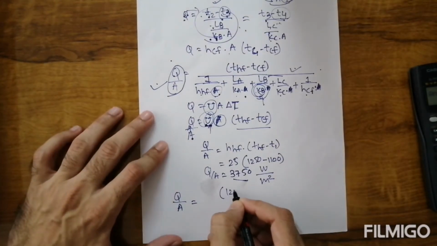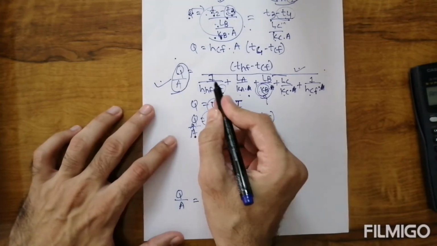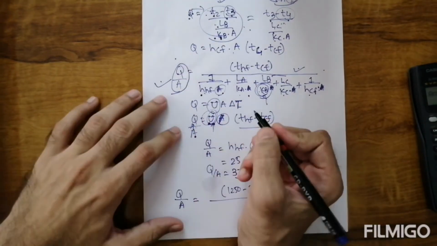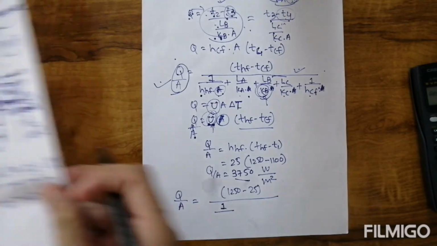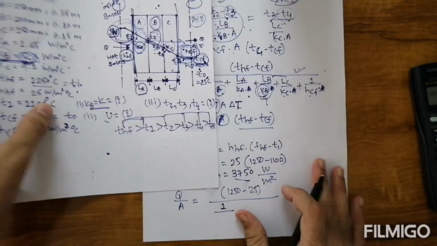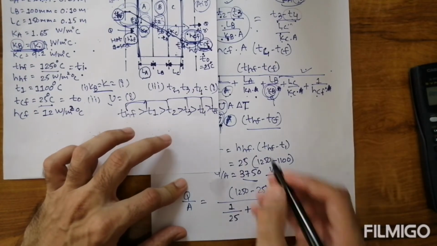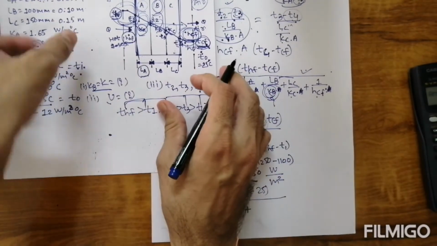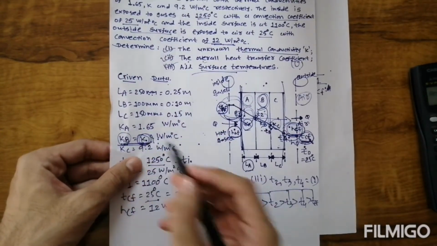So 1250 minus 25, divided by 1 upon HHF. 1 upon HHF means 1 divided by HHF. Value of the HHF is how much? 25. So it will be 1 divided by 25, plus LA by KA. What is LA in meter? 0.25, and what is KA? 1.65.